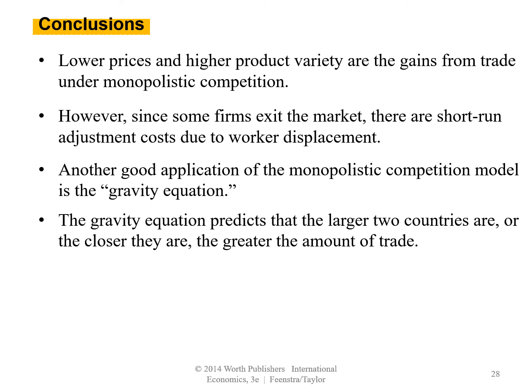And we also have this gravity equation idea, and that actually can be connected to the monopolistic competition model, but we're not really looking at that angle. The simple idea of the gravity equation model is that, everything else equal, if two countries have bigger economies, they'll trade with each other. If two countries are physically close to each other, they will trade more, everything else equal.